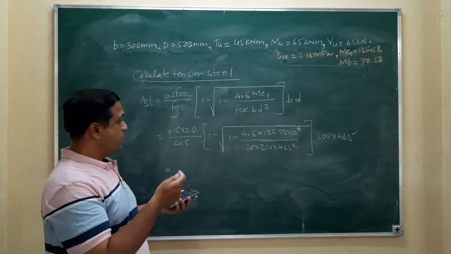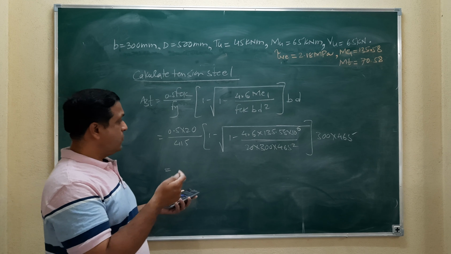Again I will calculate 4.6 into 135.58 into 10 raised to 6 divided by 20 into 300 into 465 into 465. Okay, 0.480. So 1 minus 0.480 is the value. You have to put this value under root. Okay, and that value is 0.7211.